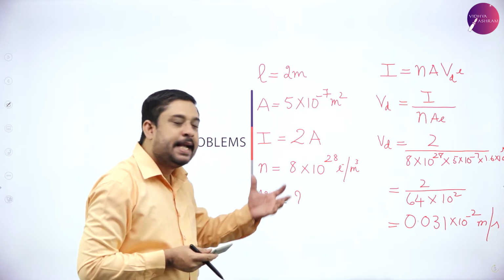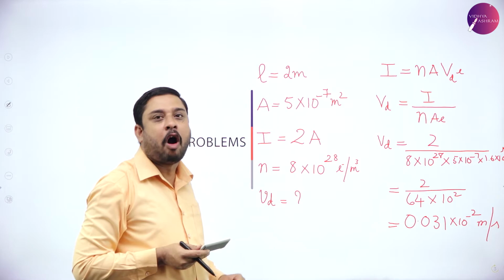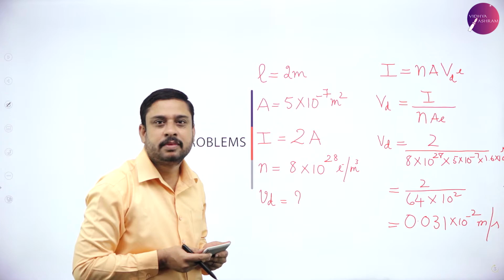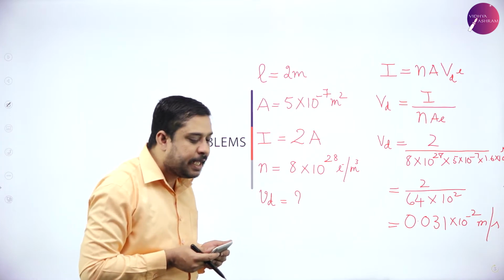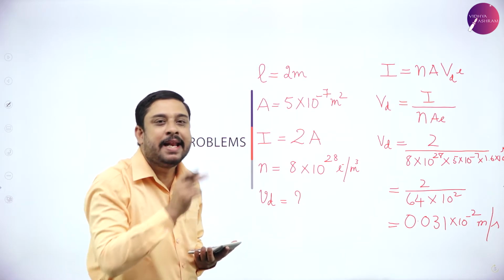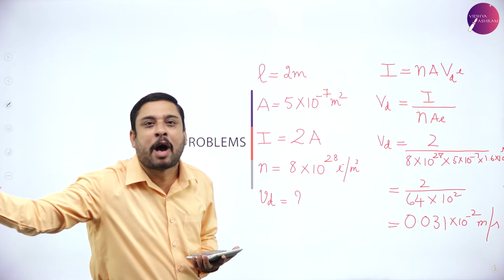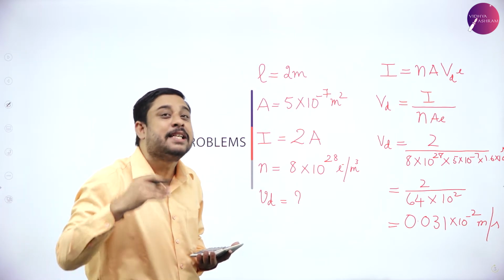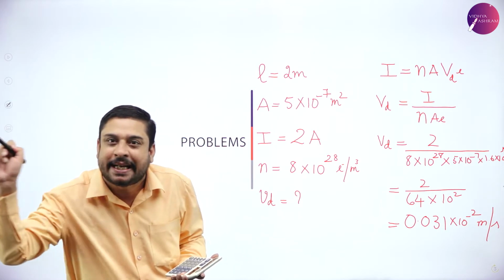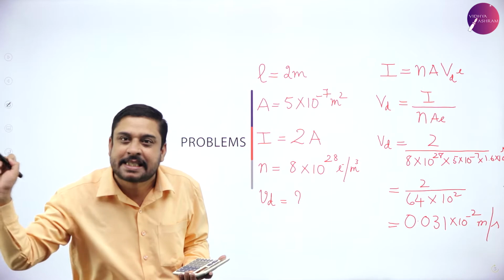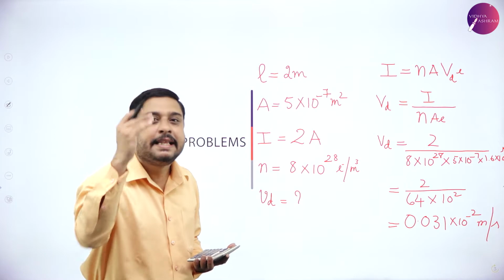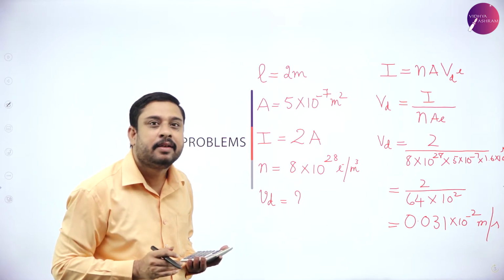Now, in the second part of the problem, I have to calculate the time taken by the electron to move from one end of the wire to another end. What is the length of the wire? 2 meters. So the electrons travel a 2 meter distance, what is the time taken?